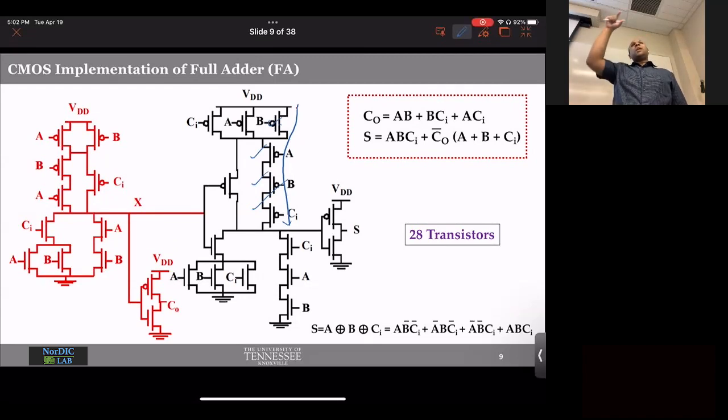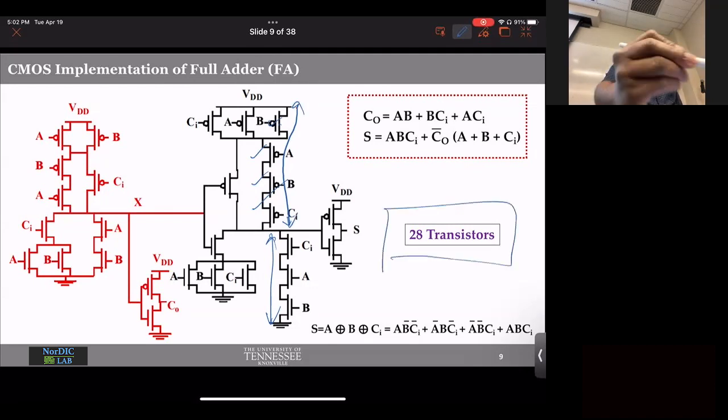In general, you have a bunch of capacitors which will have to gradually charge and discharge when you have a bunch of series transistors. Remember intermediate nodes? I hope you guys do. All right. You also have series connected transistors here, but that's not the worst case scenario. The worst case scenario is this one, where you have 4 transistors in series, which is a really bad thing.